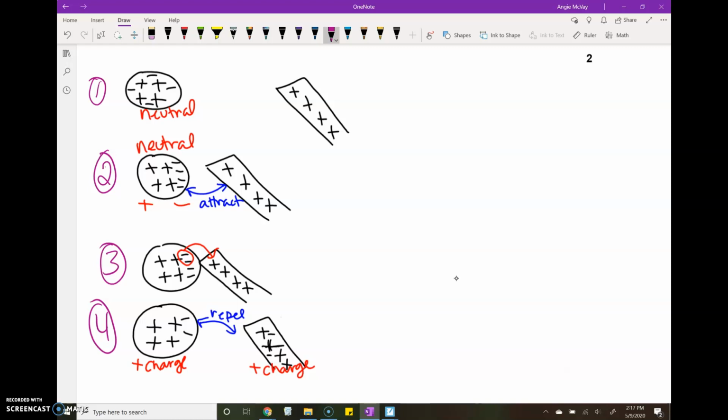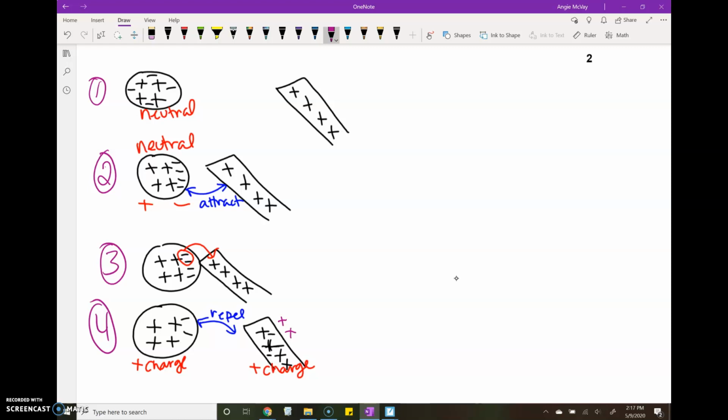So that would mean this wand would have a positive charge of +2 now. So this has a weaker positive charge. The pith ball lost 2 of its electrons, and now it is no longer neutral. Some of its positive charges aren't canceled out by negative charges, so it has a net positive charge. A positively charged object and a positively charged object repel each other.